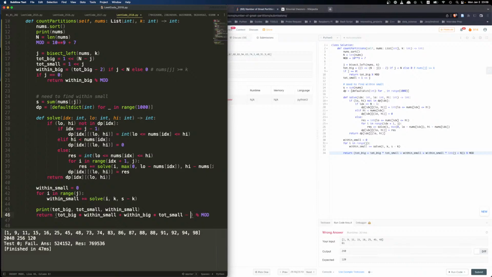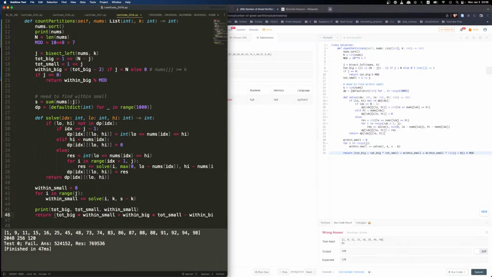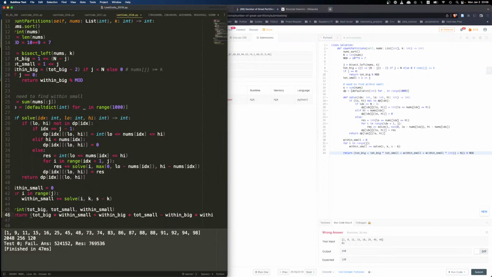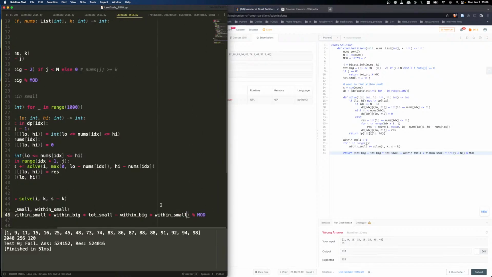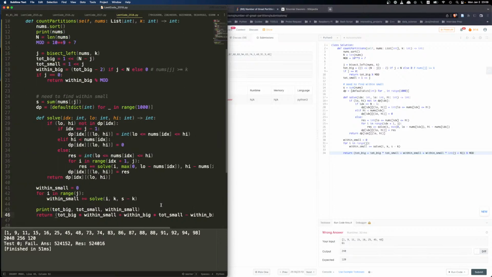Then we overlap within big times within small. No! What the hell?